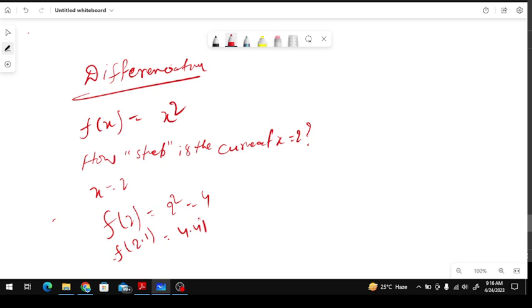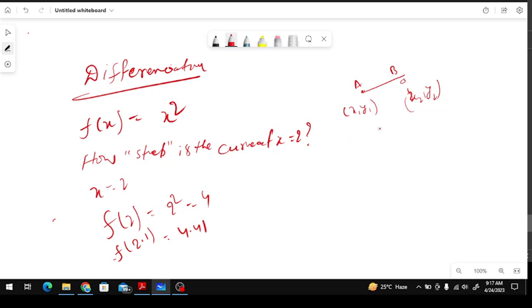But we can quickly calculate the slope m between the 2 points. We have 2 points like this: x1 and y1, and another x2 and y2. This point is a and this point is b.